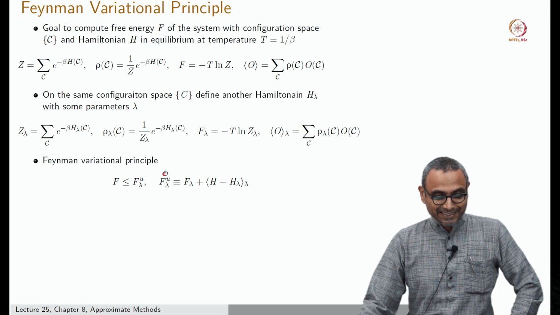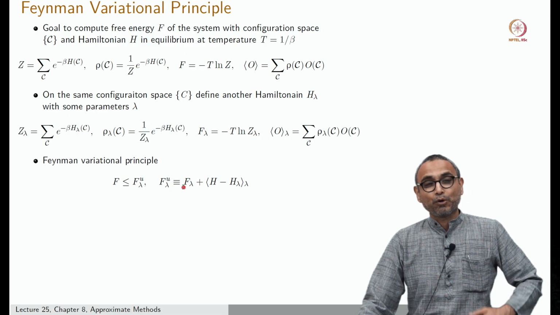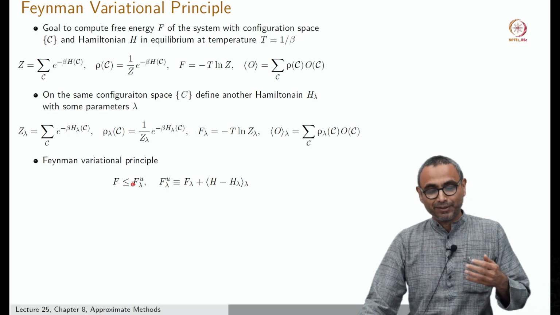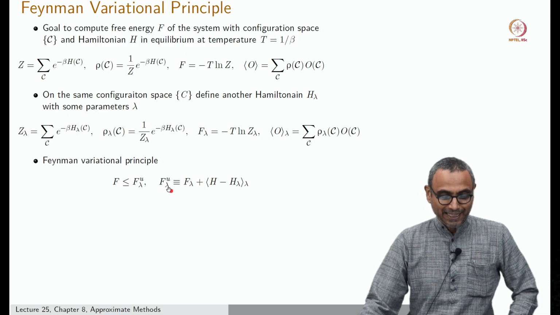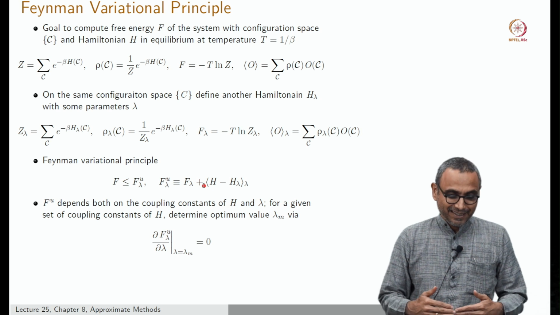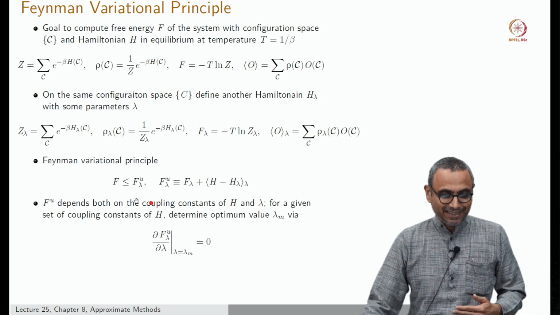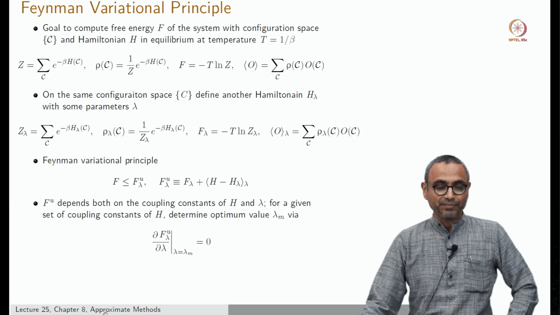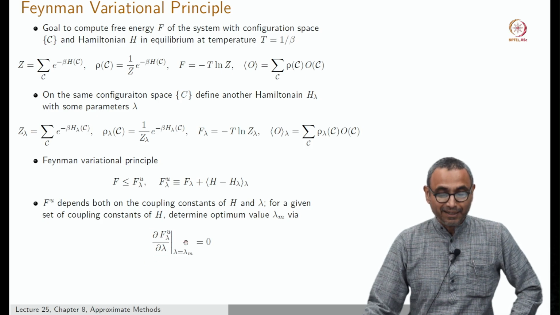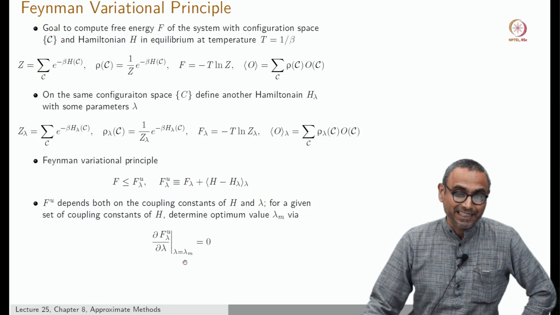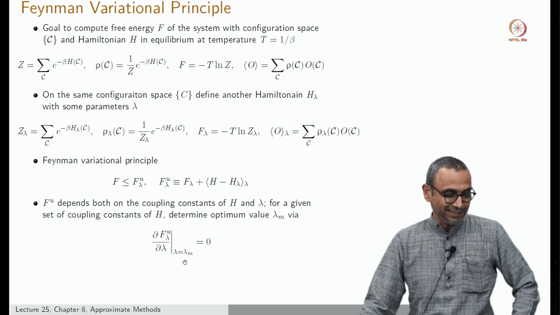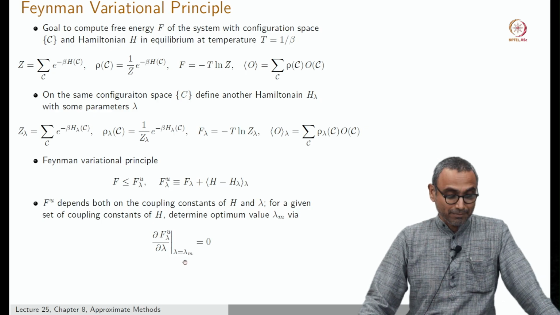So, this gives you an upper bound for my true free energy, and to find the tightest upper bound, I need to find those parameters lambda which leave this quantity invariant. So, the derivative of F_u with respect to lambda, evaluated at the optimal values lambda m, should vanish. So, this is the Feynman variational principle.